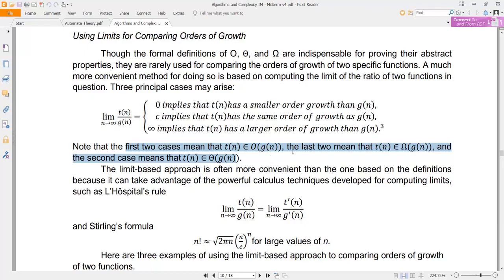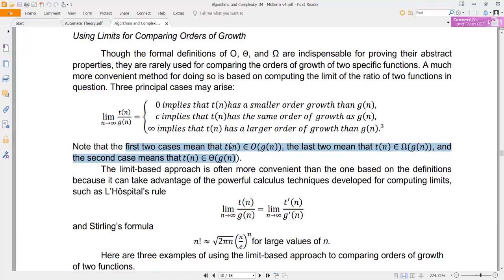First two. Ang last two, tawag nga big omega. Ang second case is big theta. So, asa man mo fall ang 0? So, diri sa first two.